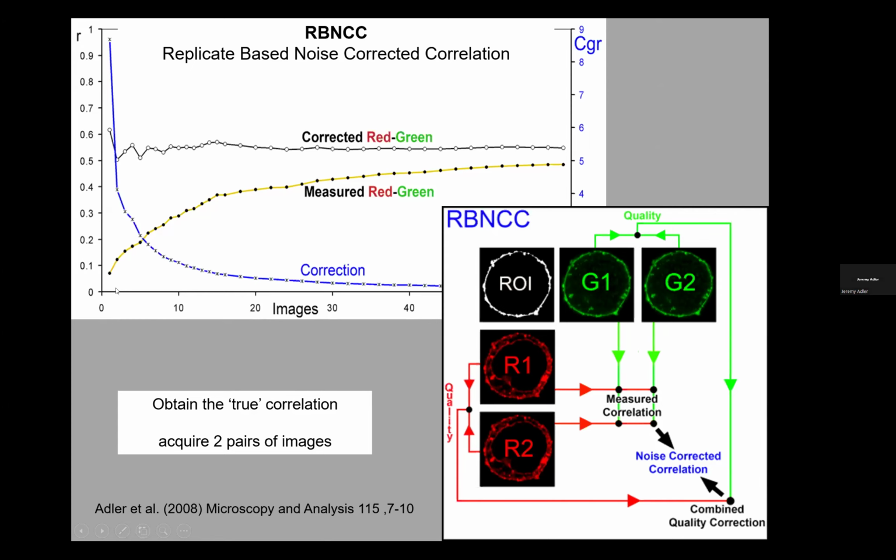So even with images where the red-green measurement is all over the place, the corrected value is much more stable. There's a bit of noise down here because the image quality is very poor, but we have a mechanism for taking 2 pairs of poor images and producing an answer that is close to where we hope this would eventually plateau. A very photon efficient way of making correct correlation measurements.